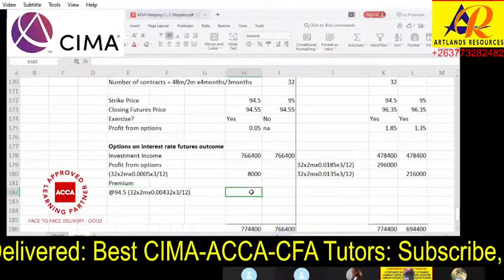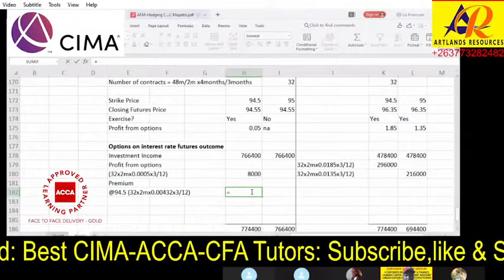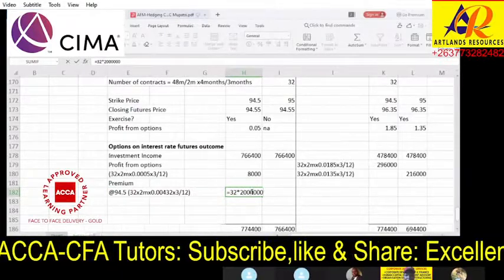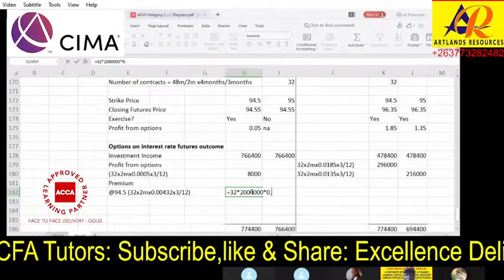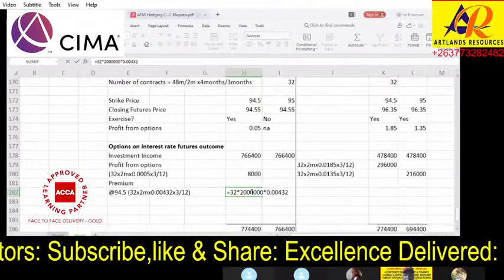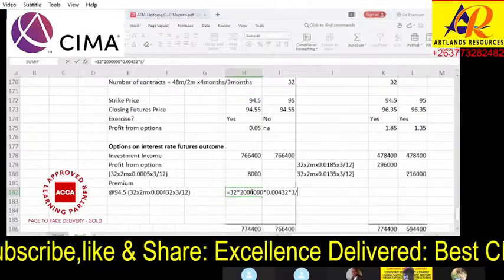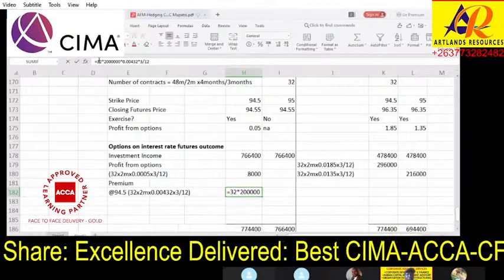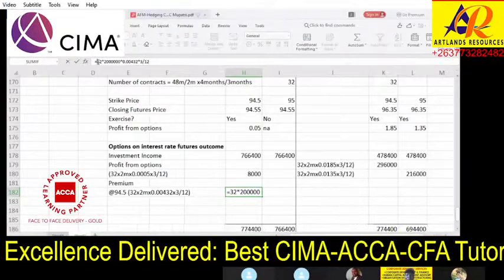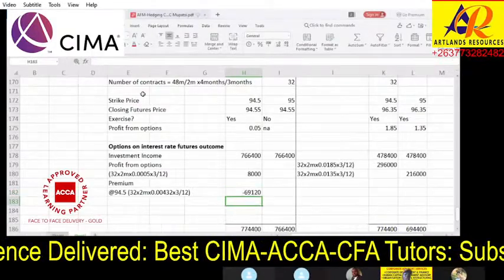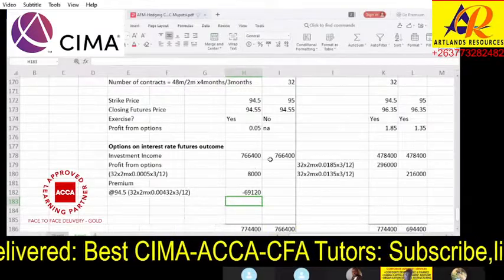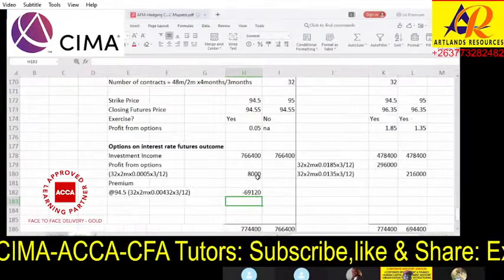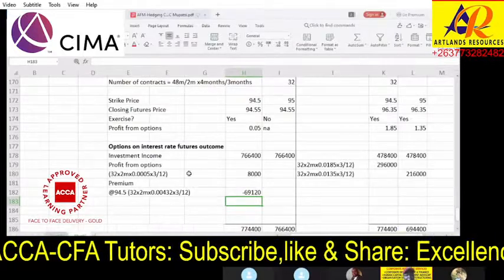So you come here and say equals 32 times 2 million times 0.00432 times 3/12. Because it's a premium, it's a payment, this one is negative. If you were a borrower, a premium would be added, but because you are a lender, you are receiving interest, so a premium is deducted.